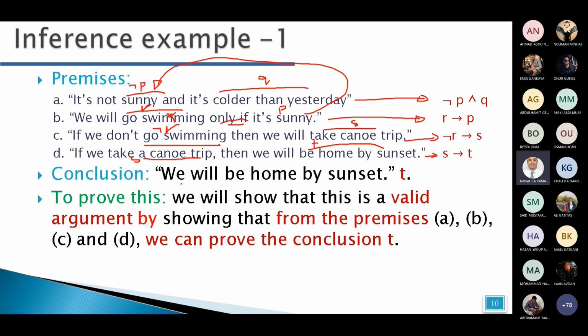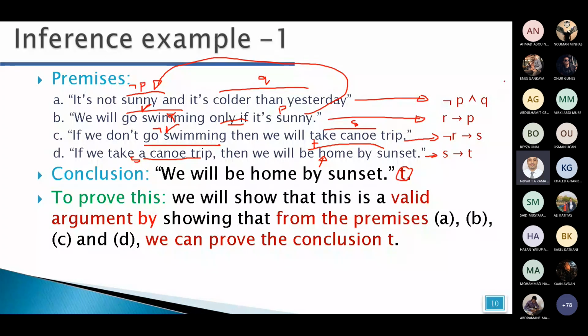Also the conclusion, we will be home at sunset, is the same as here, so we give it the same letter, which is T. So what do we have to prove?